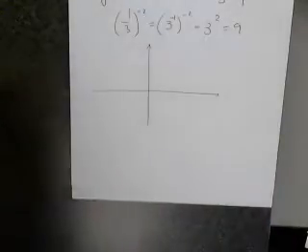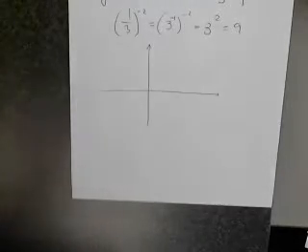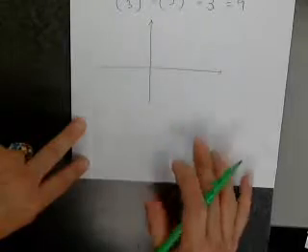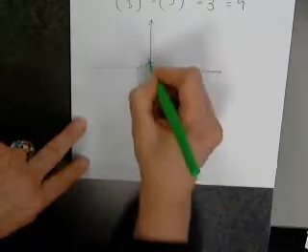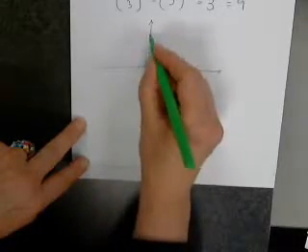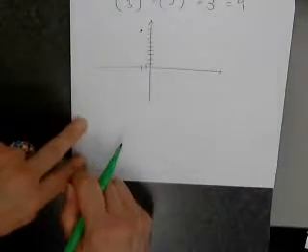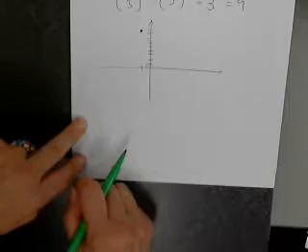First ordered pair. 1, 2, 3, 4, 5, 6, 7, 8, 9. Good. Second ordered pair.